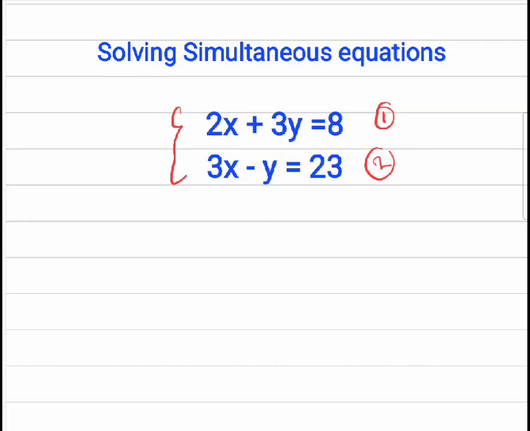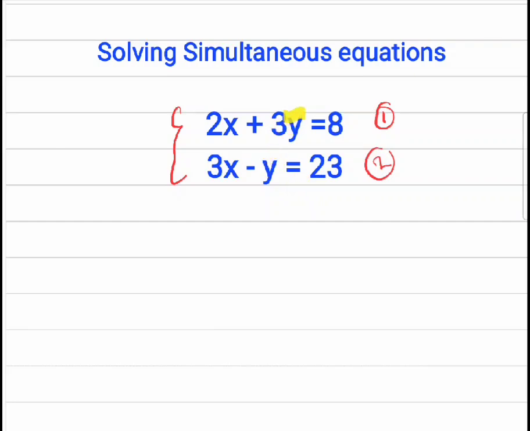So what that means is we want to eliminate one of these variables by, for example, adding the equations together or multiplying by a number. So we're eliminating one of these variables, x or y, it doesn't really matter. And then we just have an equation in one variable, which we can solve.